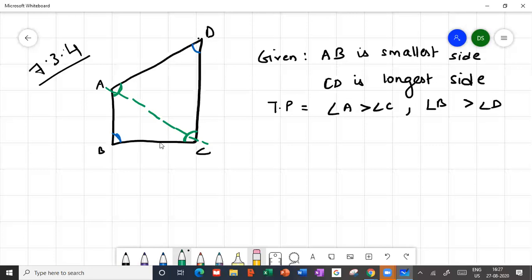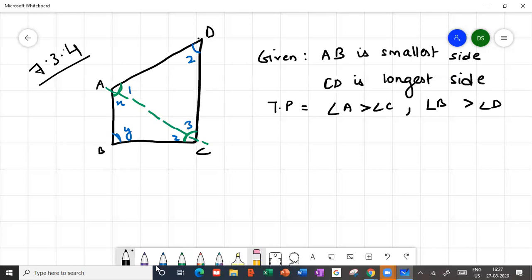We'll have to label them as something, otherwise you'll get confused. Let's keep this X, Y, and Z, and let's keep this 1, 2, and 3. Cool. Now we'll consider this triangle.